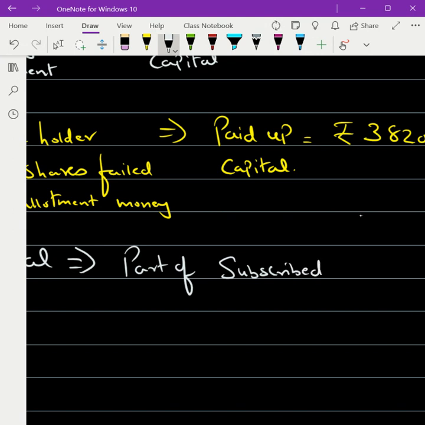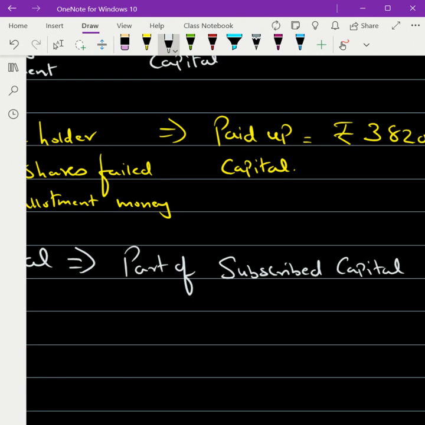Reserve capital is nothing but a part of your subscribed capital which the company has kept separately and it will be used at the time of winding up. It is part of your subscribed capital and it will be called up.